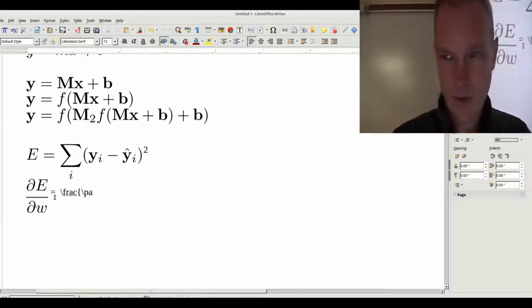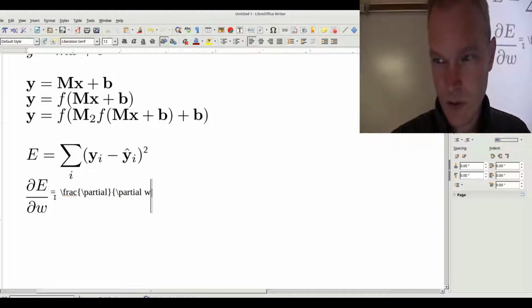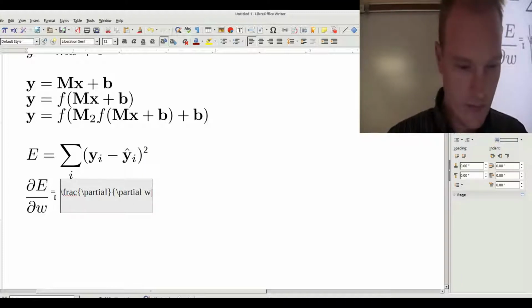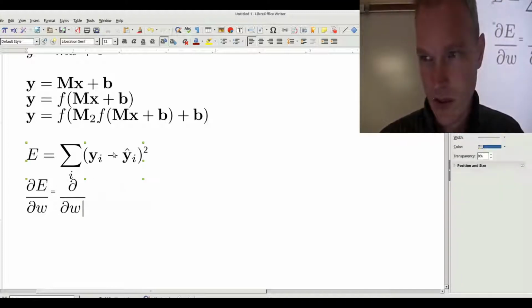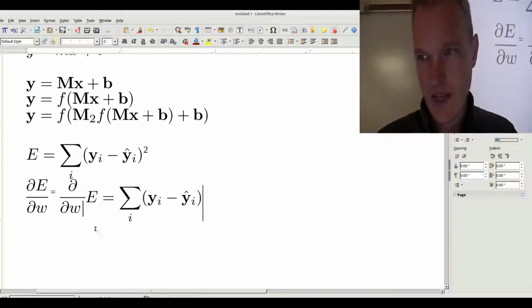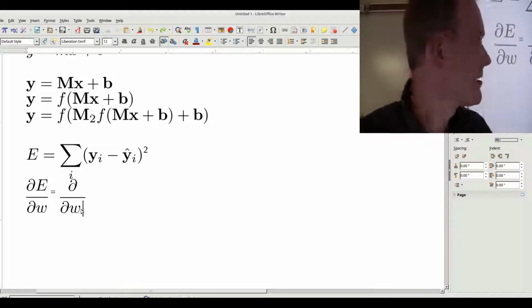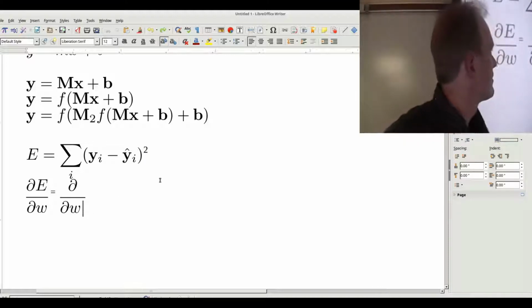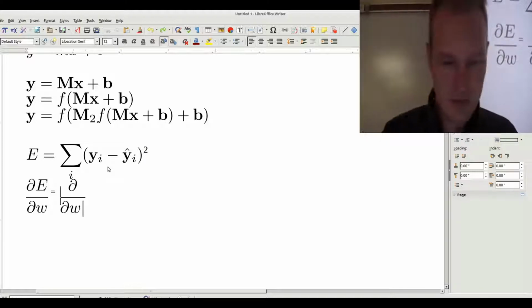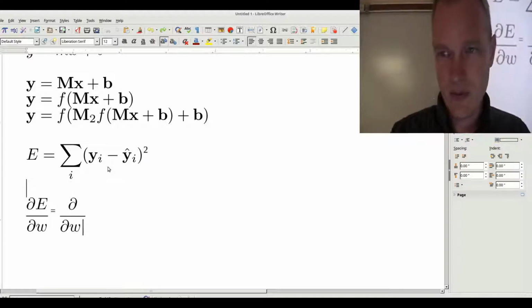the partial derivative with respect to W of that sum squared error thing. Just pretend that stray line is not there.